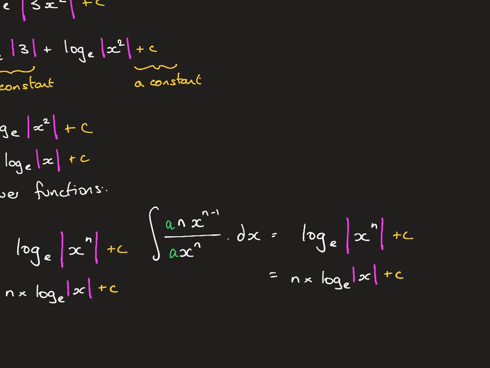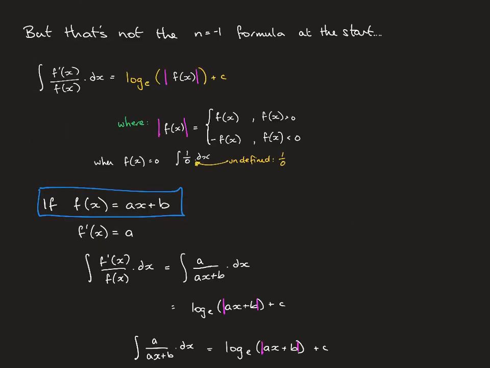Okay, so that's all very interesting, but that is still not the formulas that we've got on the formula sheet. So let's have a look at those. It's not the formula at the start that I had for n is equal to -1, but if we take this setup here and we use our f of x as our linear function ax plus b.